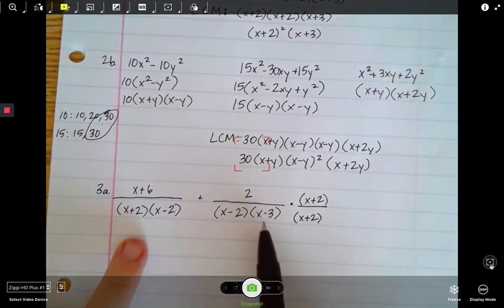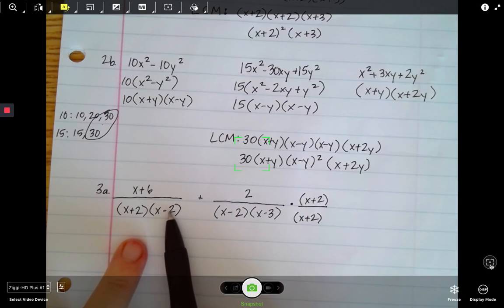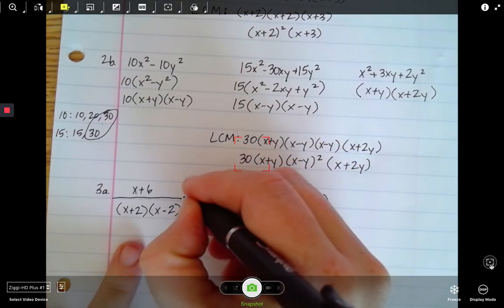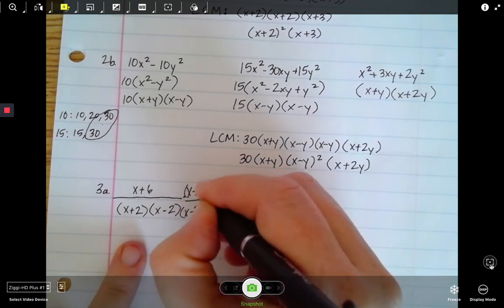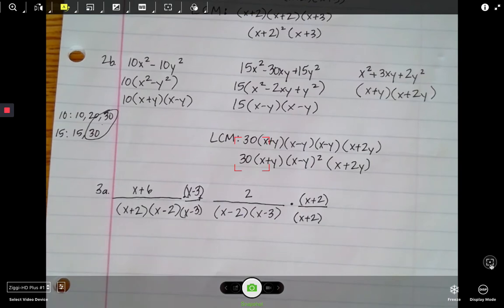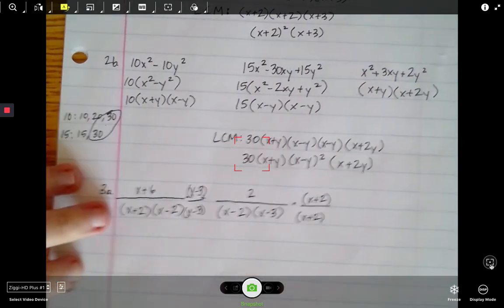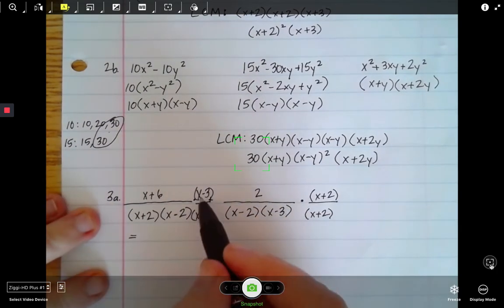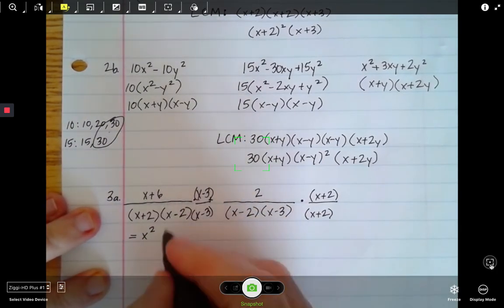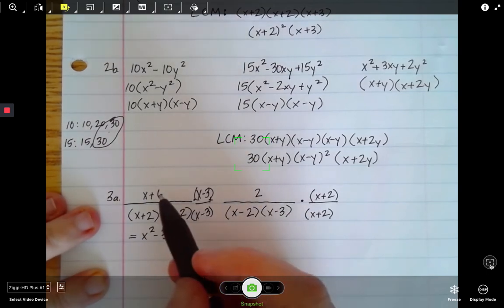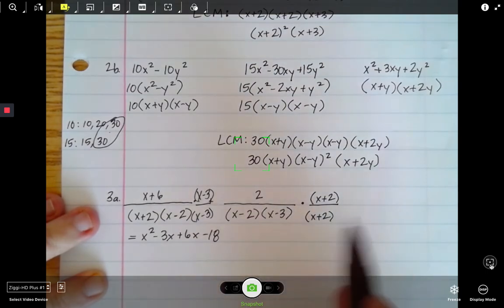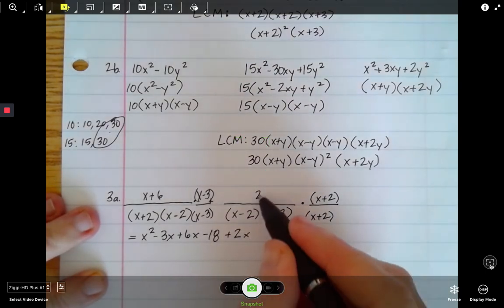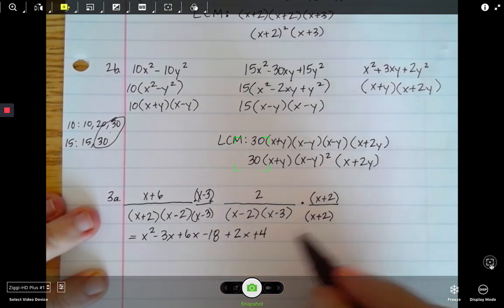Well, what does denominator 2 have that this one doesn't have? An x minus 3. So I'm going to multiply this equation by x minus 3. So now we get to simplify some things. X times x is x squared. X times negative 3 is a negative 3x. 6 times x is a positive 6x. 6 times negative 3 is a negative 18. 2 times x is a positive 2x. 2 times 2 is a positive 4.